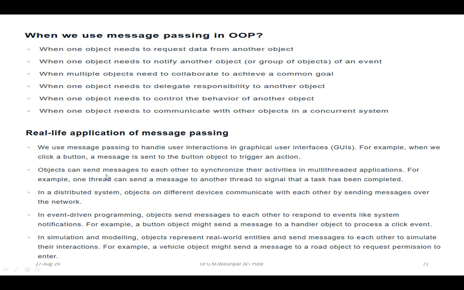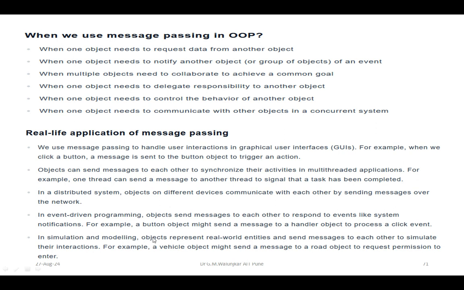Then objects can send messages to each other through synchronized activities in a multi-threaded application, like one thread sending a message to another thread to signal that a particular task is completed. And that's mostly in the operating system environment, where this message passing concept is very vital. Again, in a distributed system, objects on different devices communicate with each other by sending messages over the network.